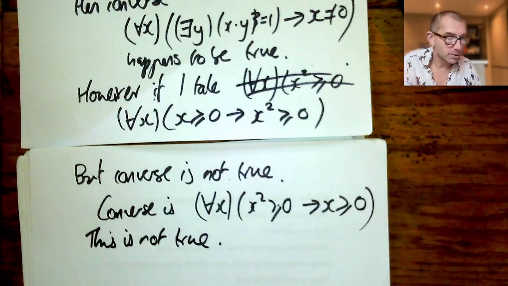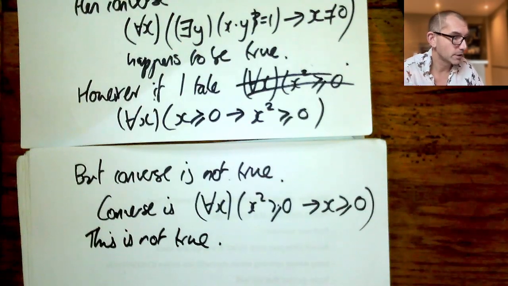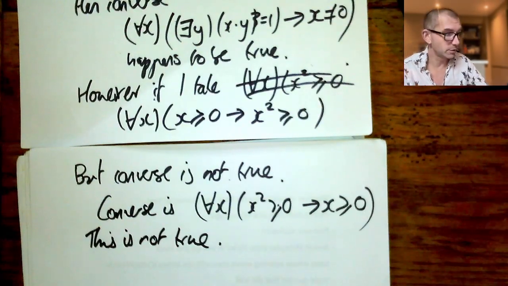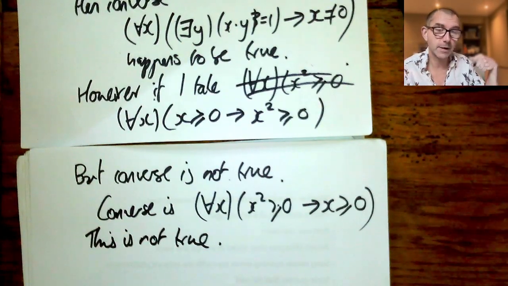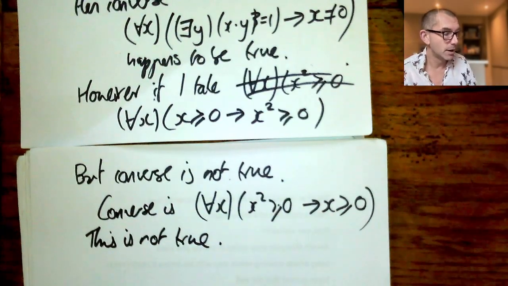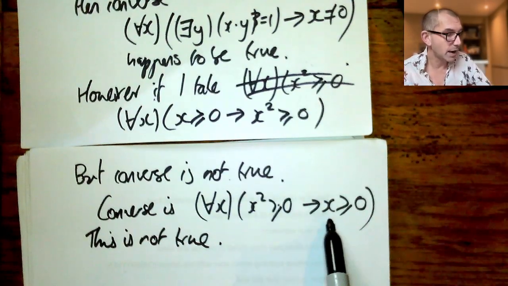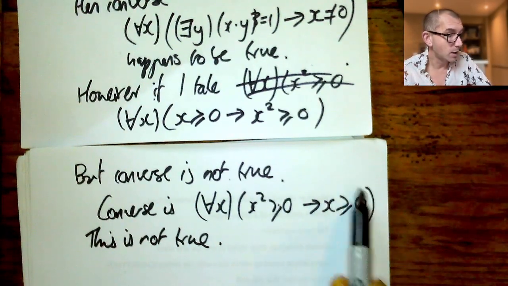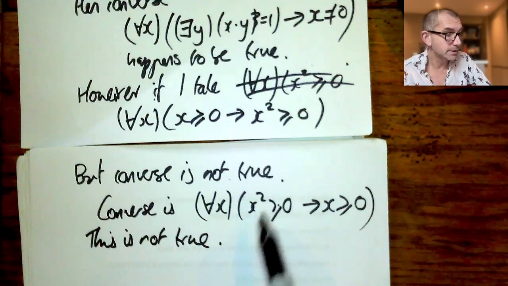And it's a good opportunity to remember that if we want to show that something is not true, that's a for all kind of thing, we need to find a counterexample. So we need to find some element that means that this is not true. So when is that going to happen? It's going to happen when this is not true, but this is true.